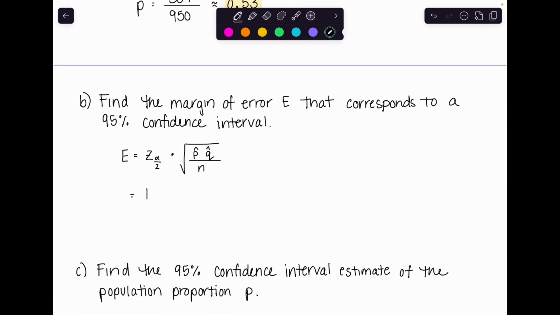So this gives us 1.96, and then we multiply that by a square root. So filling out our pieces to the side, our critical Z value is 1.96.